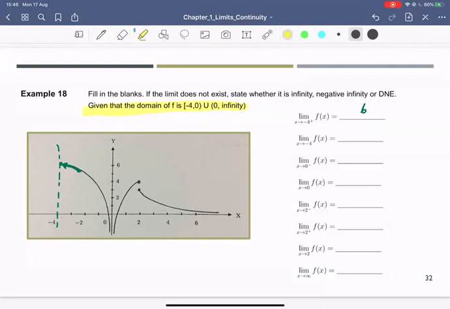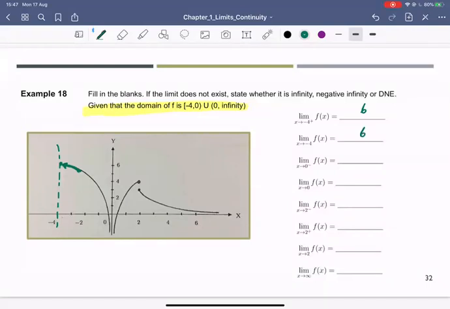When the domain does not intersect with the left hand limit, you don't have to care about the left hand limit. The limit is going to be just the right hand limit. All right, so after that, the limit when x goes to negative 4 of f(x) is equal to 6 as well.